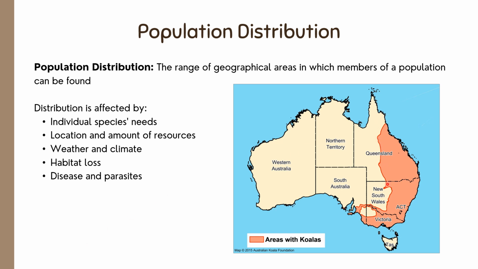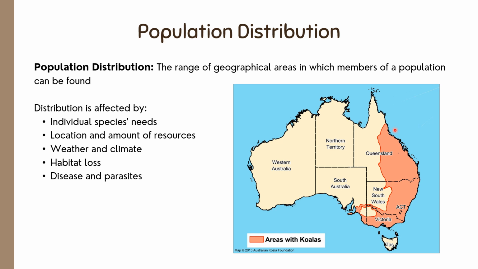So from this map, we can see that possibly around this area is where the food that koalas eat is found, or maybe this is the ideal climate for koalas, or maybe this area over here has a lot of habitat loss and therefore koalas are only found in this very small portion of Australia.